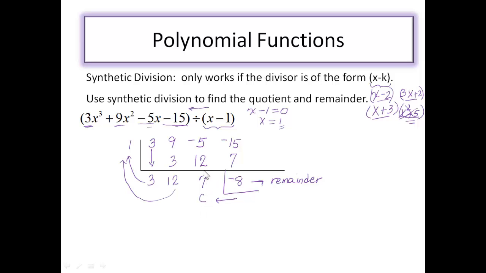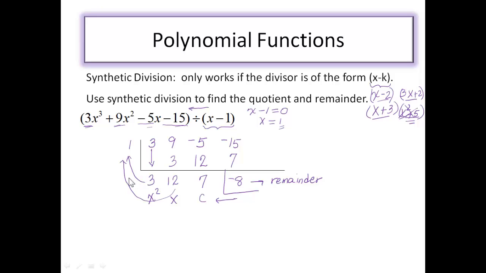So I know the 7 is my constant term. The second term I encounter is my x term, so I know this 12 is going to be my x term. The next number I encounter is my x squared term, so I know that this number here is the coefficient of my x squared term.